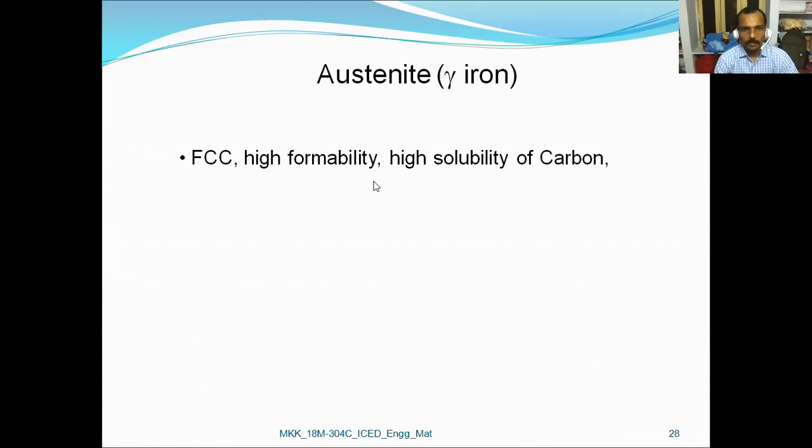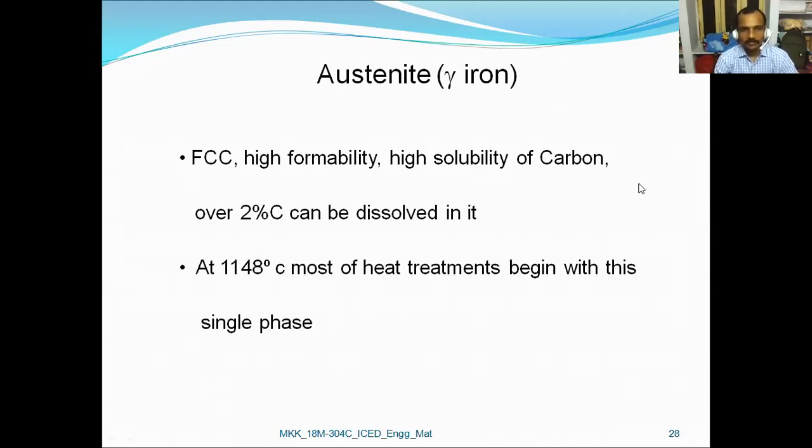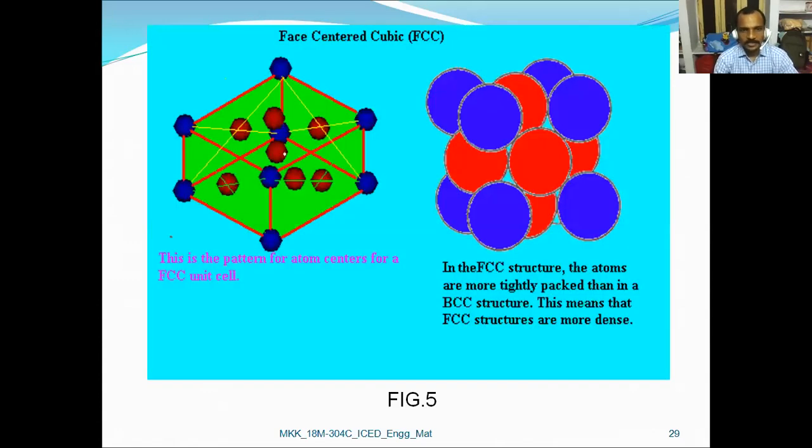It has high formability and high solubility of carbon. Over 2% of carbon can be dissolved in it. At 1148 degrees centigrade, most of the heat treatments begin in this particular phase. This is a face-centered cubic structure. Each face has an atom in the center, so that is why it is known as the face-centered cubic structure.